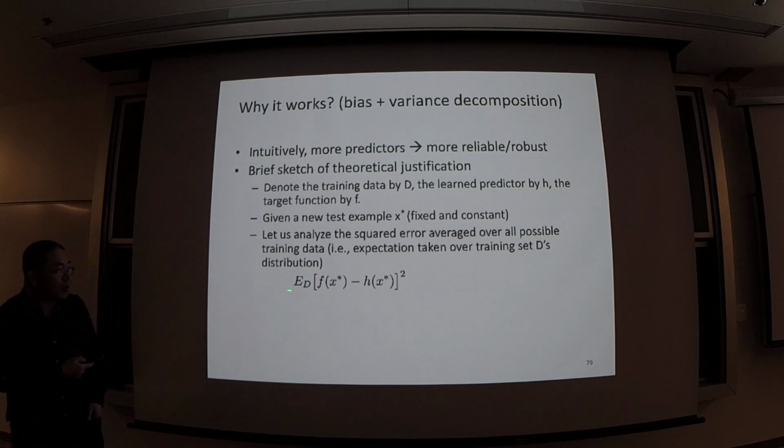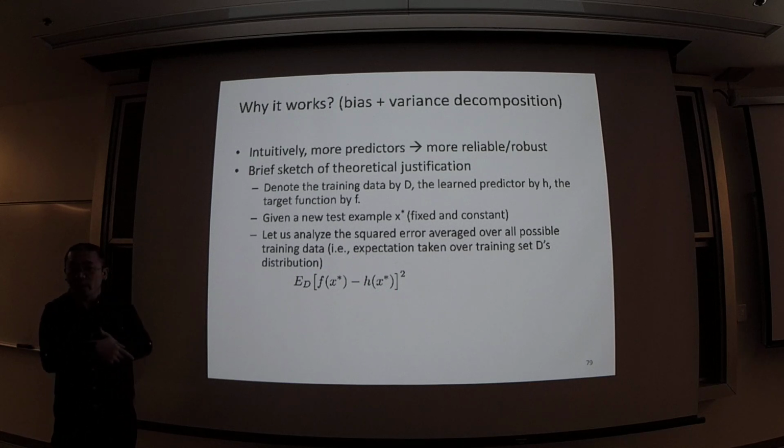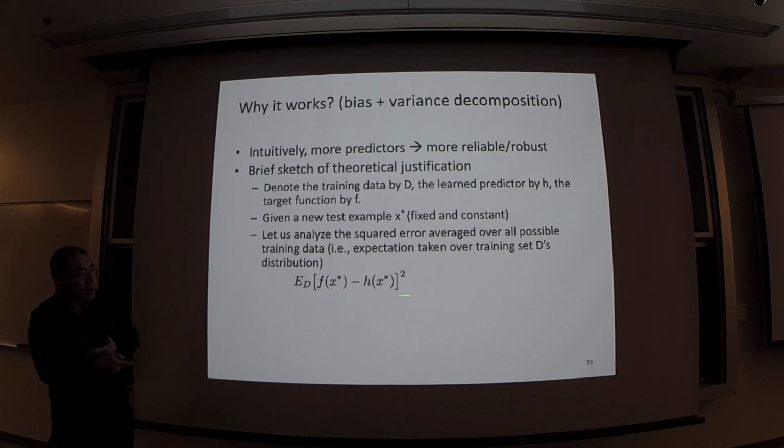So basically, you can imagine a mind experiment for doing this: I have some machine to generate a data distribution. I get data set 1, I compute this error. I get data set 2, I train my classifier to get another h and compute this error.